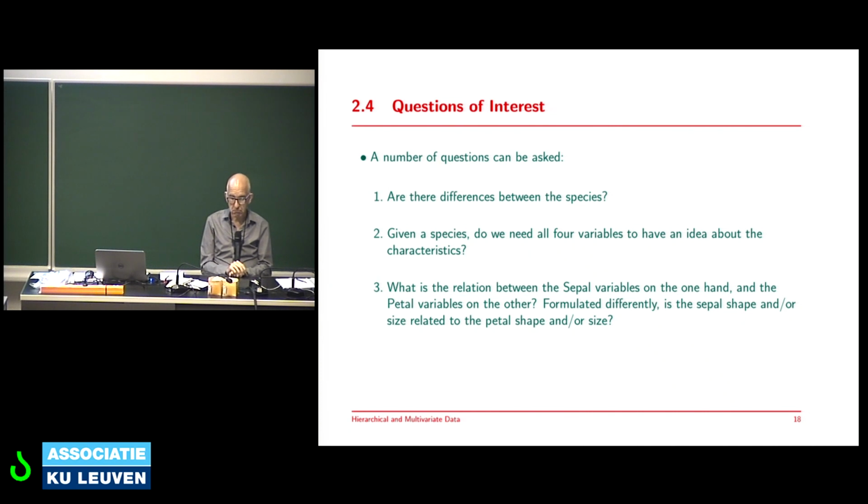And then, what is now the best way to capture the relationship between the sepal variables and the petal variables? Or likewise, is there a relationship between the lengths and the widths of the leaves? Now, if I would reduce that to a single variable, is there a relationship between sepal length and sepal width?